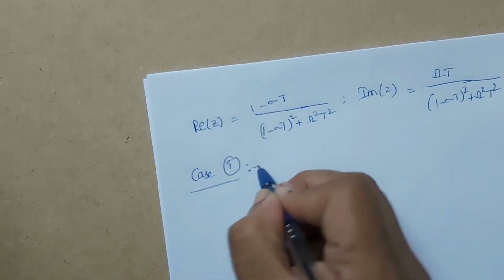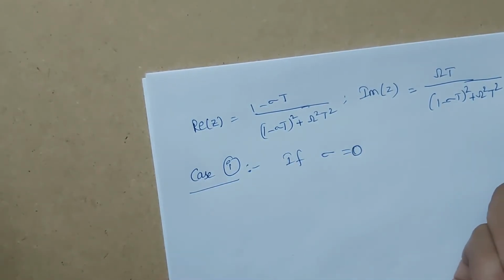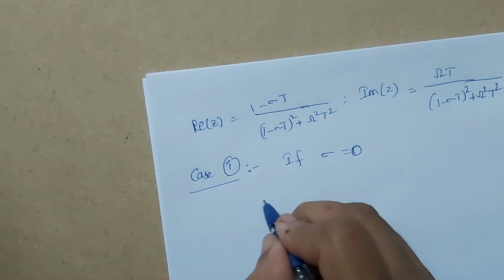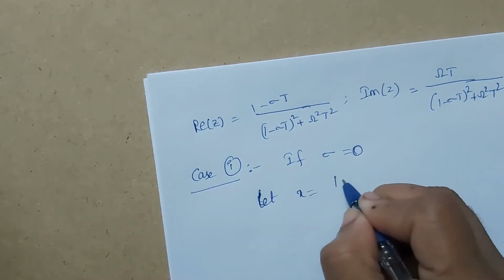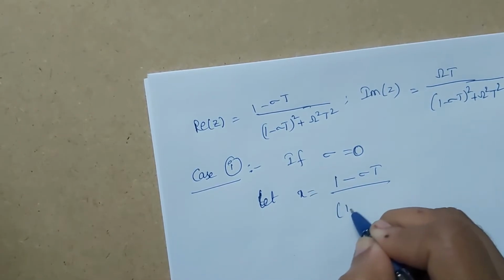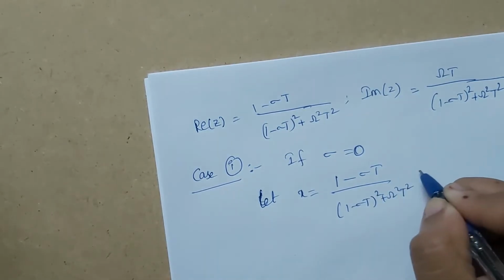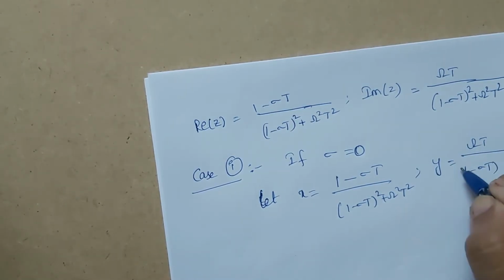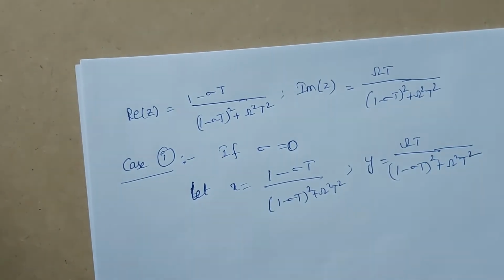Okay, so we have to check for conditions, right? Case 1. What is case 1? If sigma is equal to 0. So what happens if sigma is equal to 0 for the real part of z? Let the real part be x, x is equal to (1 minus sigma T) by (1 minus sigma T) square plus omega square T square, and the imaginary part be y, y is equal to omega T divided by (1 minus sigma T) whole square plus omega square T square.